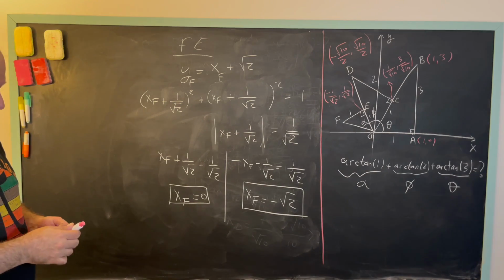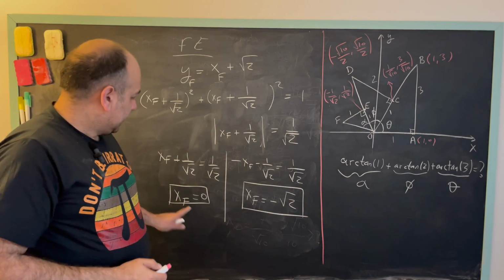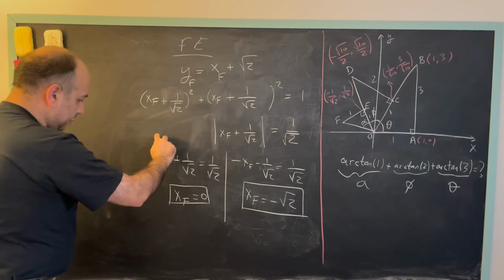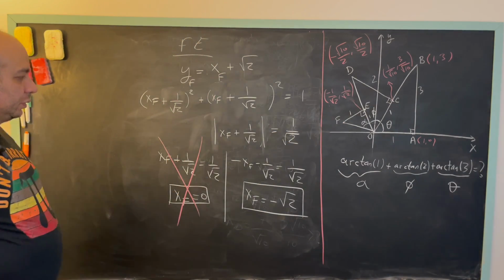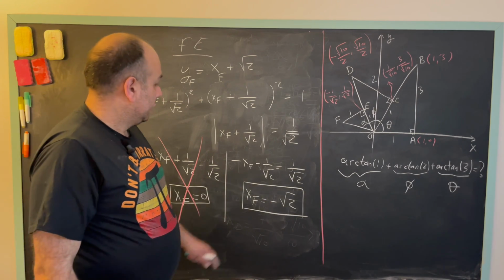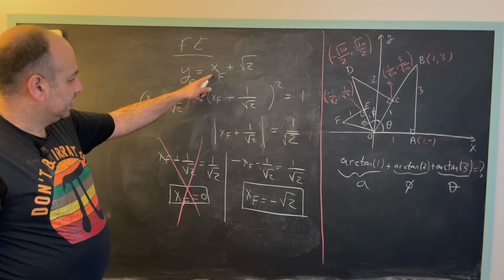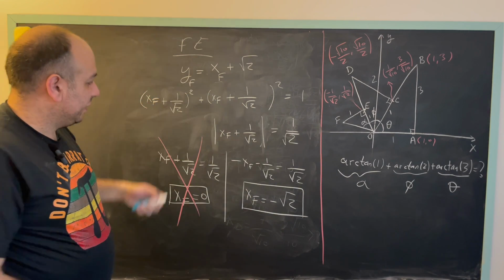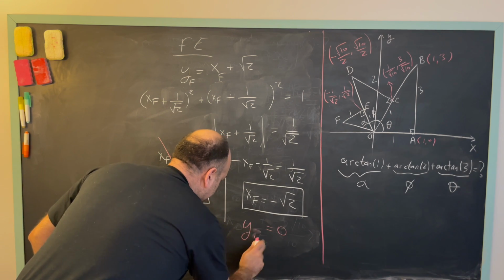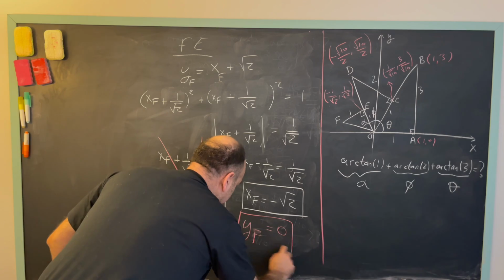So as you see from this geometry, xf cannot be 0, right? The x-coordinate of F cannot be 0. So this is not the solution we are looking for. So xf must be equal to minus square root 2. So if I put xf here as minus square root 2, yf turns out to be 0, right?